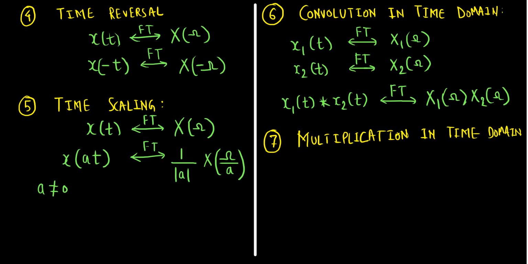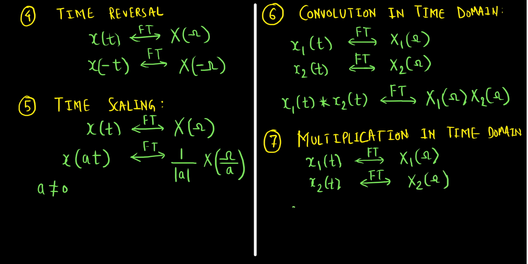This property says that if I have these two signals x1 of t and x2 of t whose Fourier transforms are given by X1 of omega and X2 of omega, then, let me write that once again. If you have x1 of t whose Fourier transform is given by X1 of omega, and another signal x2 of t whose Fourier transform is going to be X2 of omega.